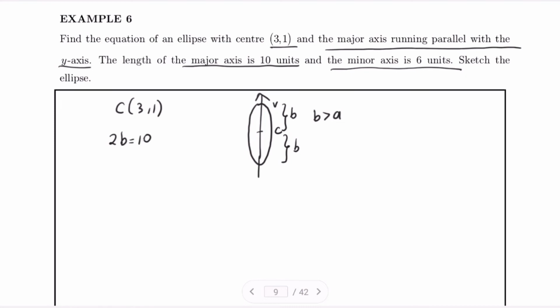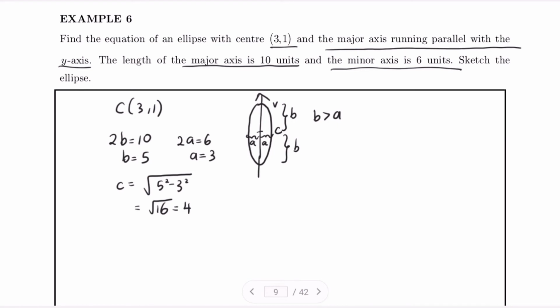So 2B equals 10, B equals 5. Similarly for the minor axis, it's A plus A, so 2A equals 6, and your A is 3. To find C, it's the square root of B squared minus A squared, which is 5 squared minus 3 squared, 25 minus 9, the square root of 16, which is 4.